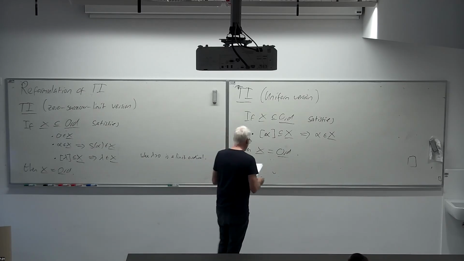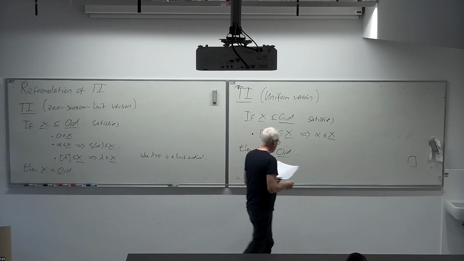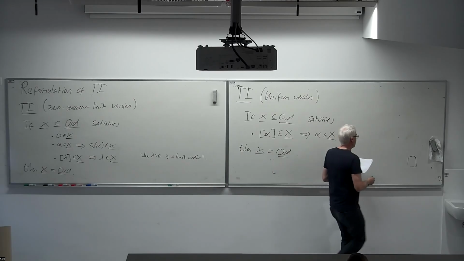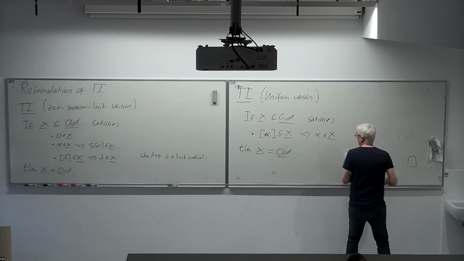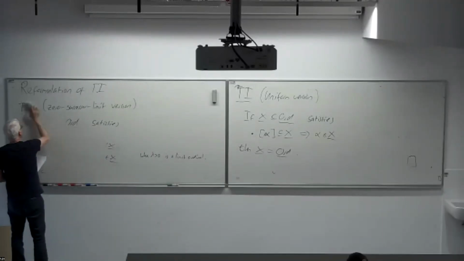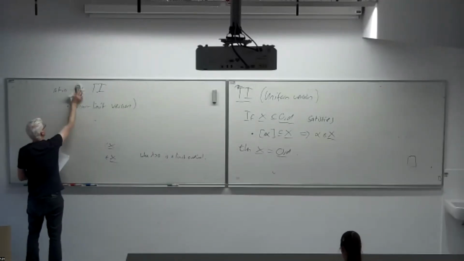So let me state the transfinite recursion theorem. We're going to have an analog of the recursion theorem that allows us to define functions on ordinal numbers. So this is called the transfinite recursion theorem.